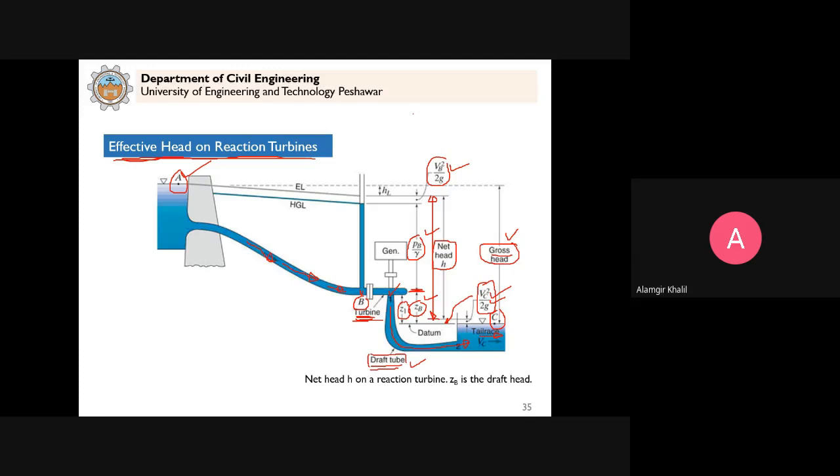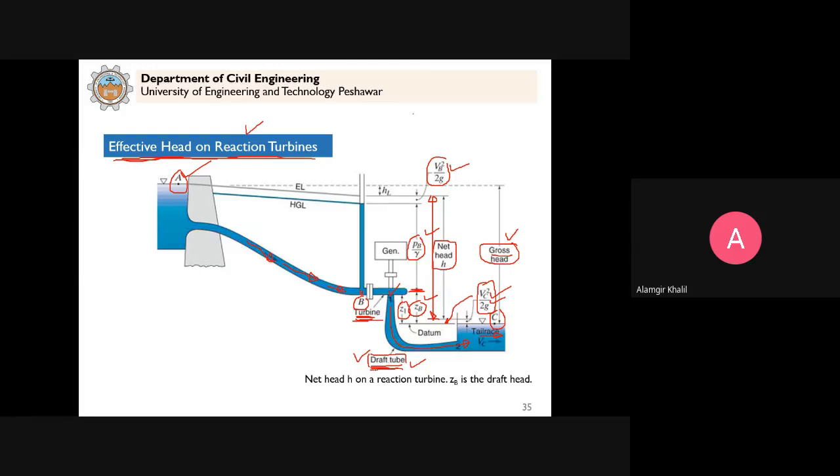This head was lost in case of the impulse turbine, but in case of the reaction turbine, if you do not have the draft tube, it will be lost. So because of the draft tube, this head is not lost. That's why the draft tube is considered an integral part of the reaction turbine, because it increases the net head on the turbine, and the power available can be more.